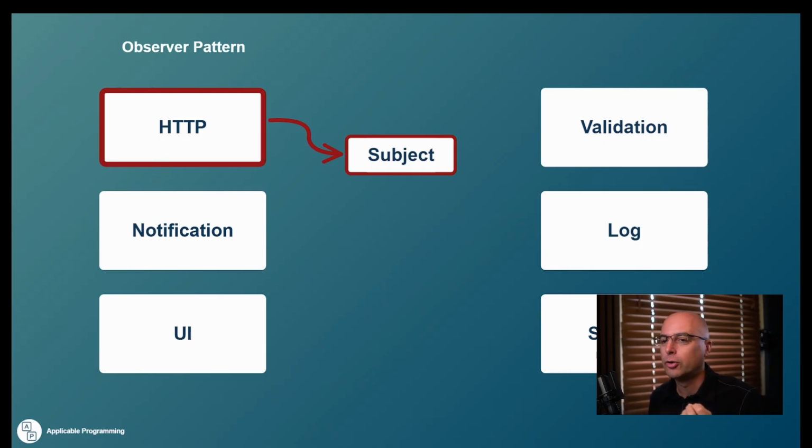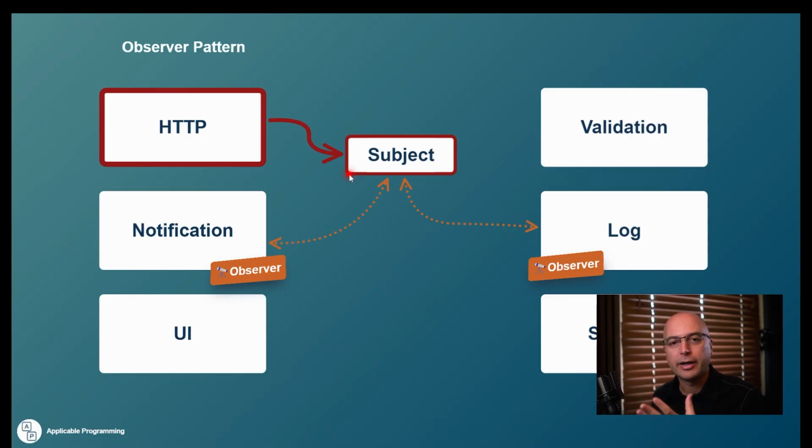And all other modules only need to subscribe to this subject to some type of event, let's say post request success or post request error maybe. And then when an error in the post request happens, the HTTP module, which is a subject, will then notify all other observers who are interested in that event, all other subscribers who are interested in that event, that there has been an error, and they will know what to do with that information.